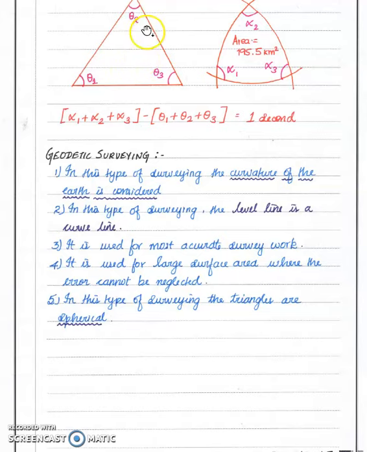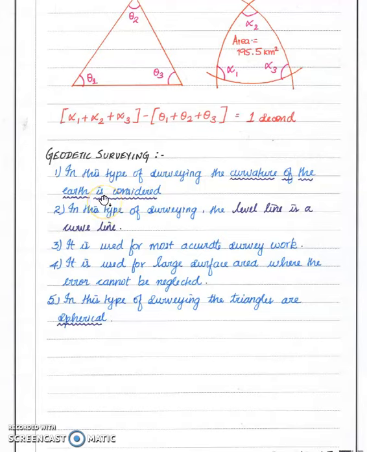Now measure all internal angles of plane triangles. Similarly, add all the internal angles of spherical triangles. Now see the difference of alpha 1. So this difference should be equal to 1 second. So this is practically measured.